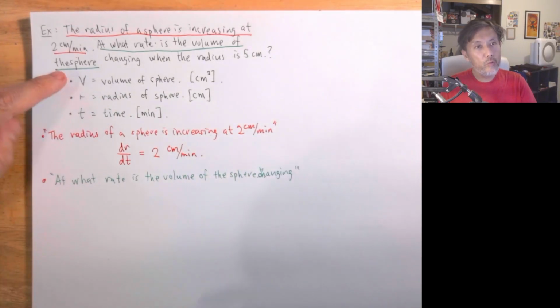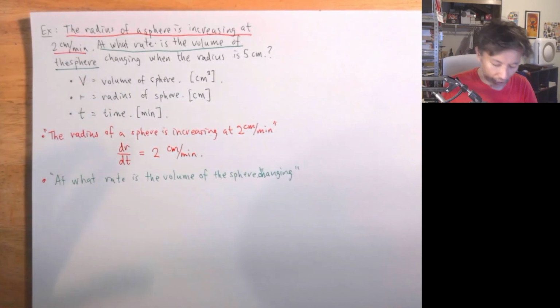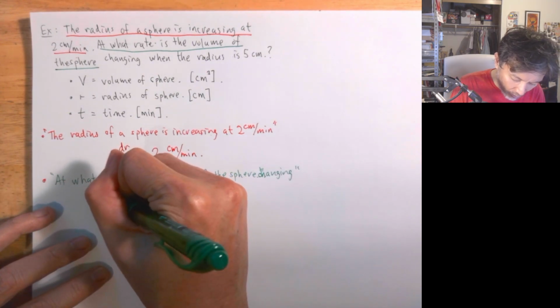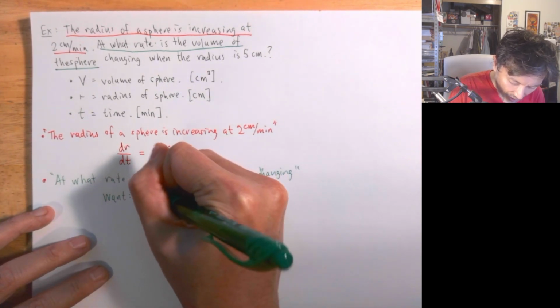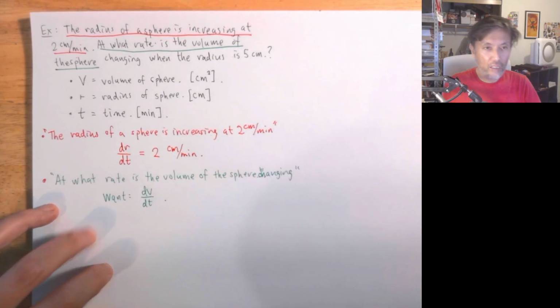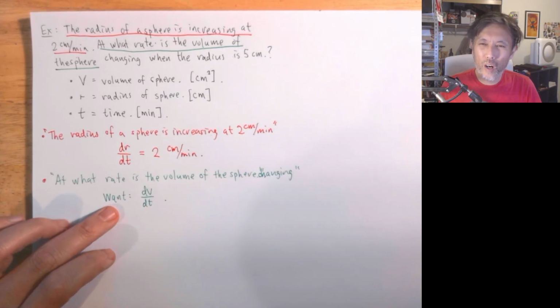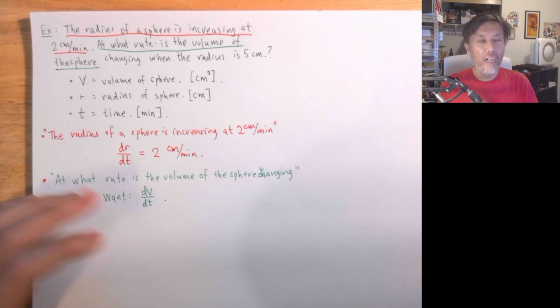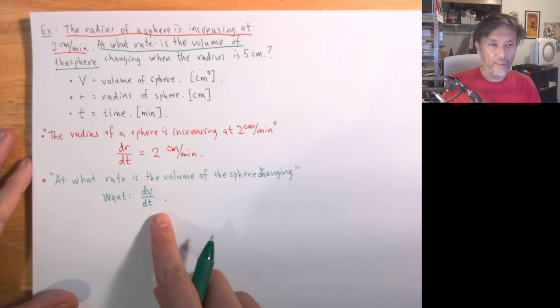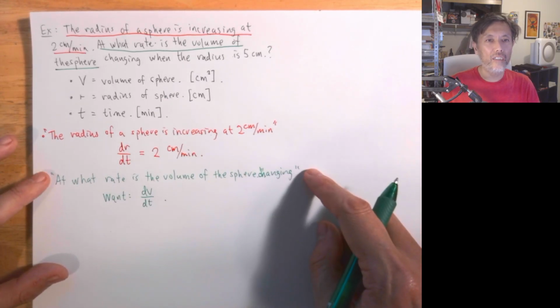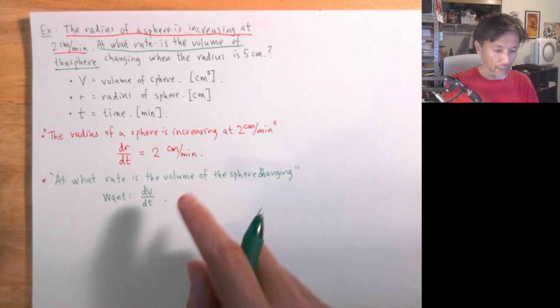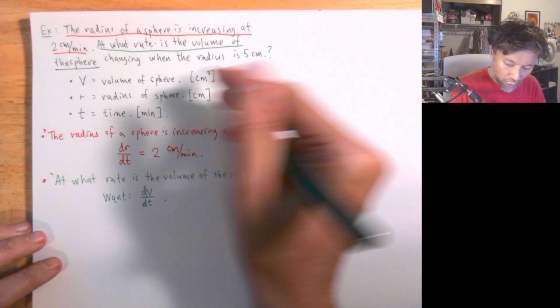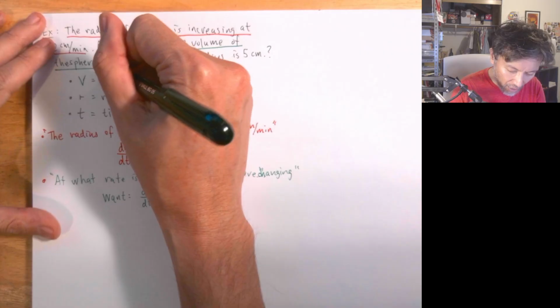What is it asking for? It's asking for dV dt, right? This is sort of translated to the fact that we want dV dt. I want is not a mathematical thing, but that is what we want. So this is, I guess, kind of me translating that bit into mathematics. And then finally, changing when the radius is 5 centimeters.